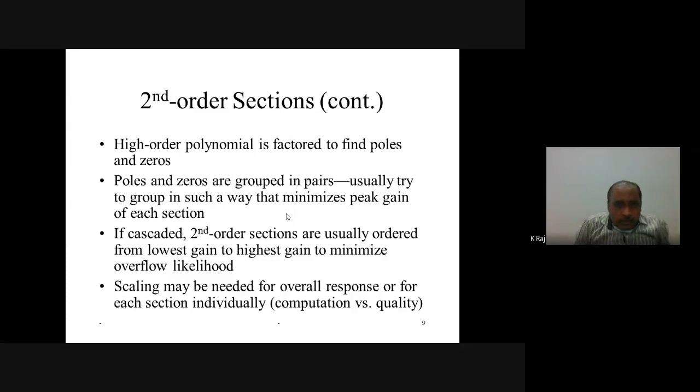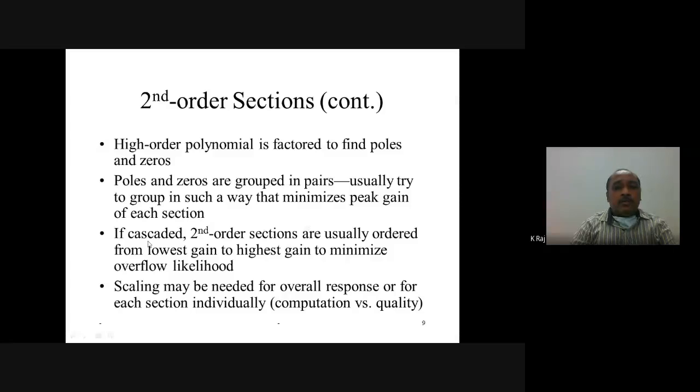Now, the high order polynomial is factored to find the poles and zeros, and the poles and zeros are grouped in pairs. Usually we try to group in such a way that minimizes the peak gain of each section.